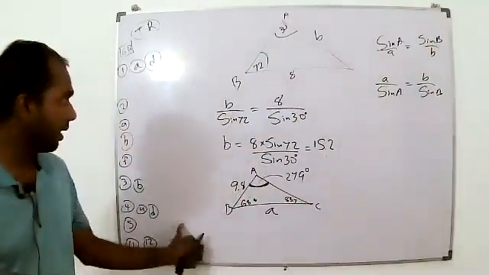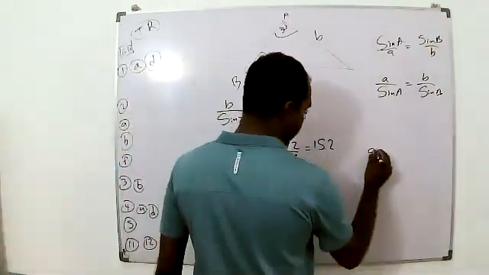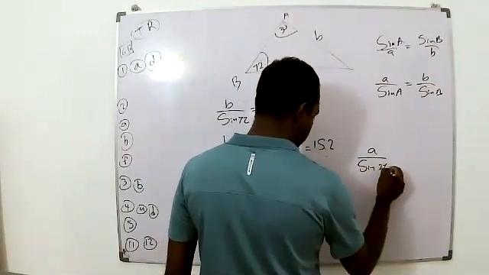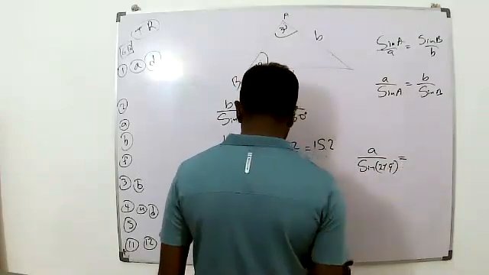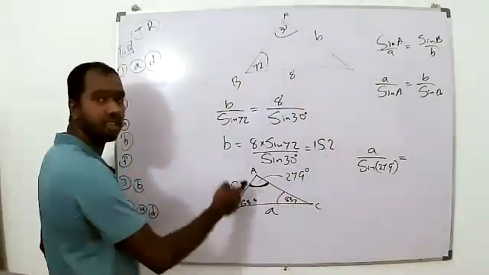So now we can apply the sine rule for this triangle, no? a divided by sine 27.9 degrees equals how much? Do we know angle C and its corresponding length?